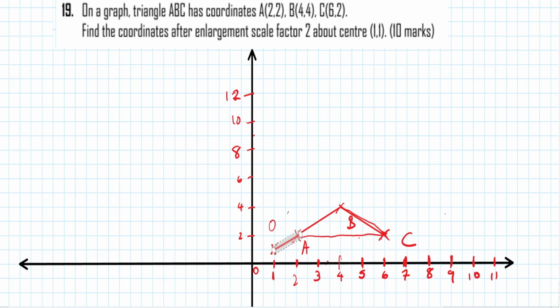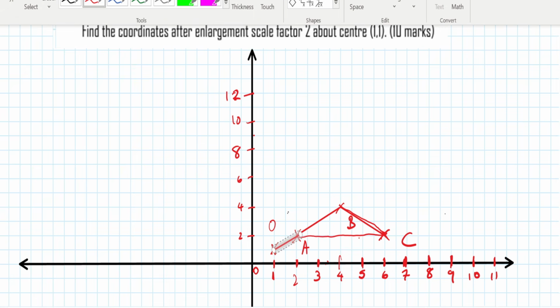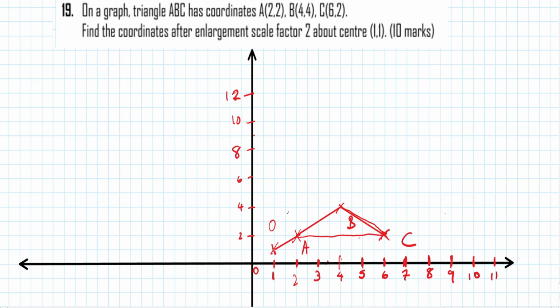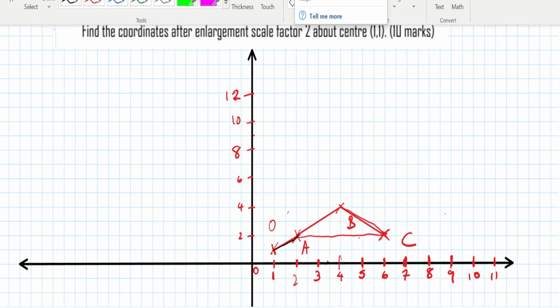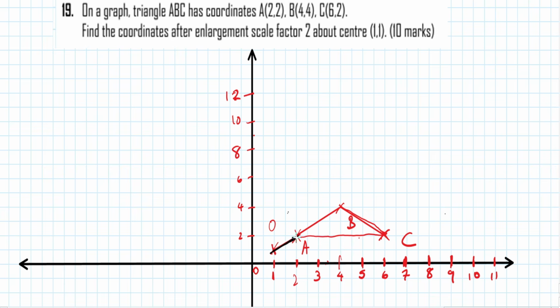Let me use another color because this is very hard. So this one will be 1. This will be 1 and 2, and therefore this will be A prime. So that's a scale factor of 2.